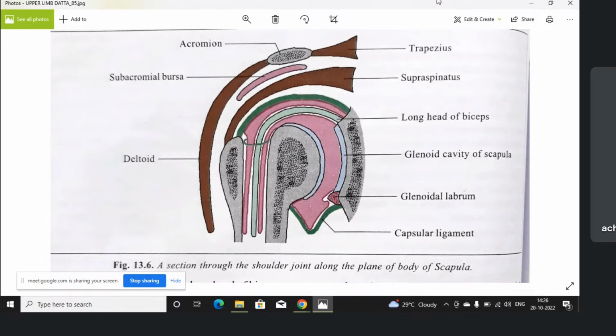So these are the two bones that form the joint.